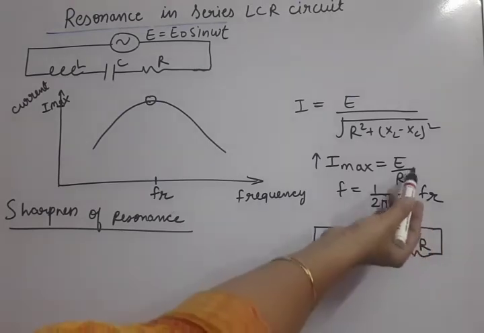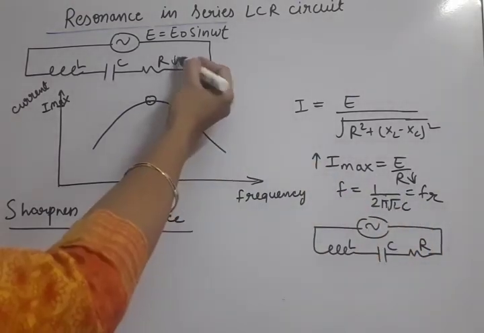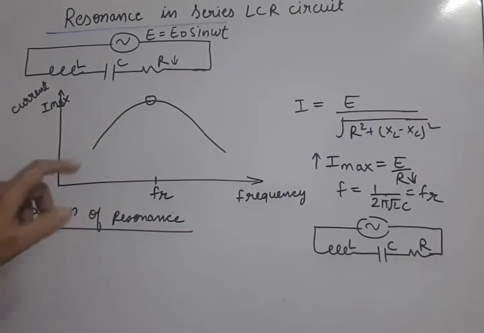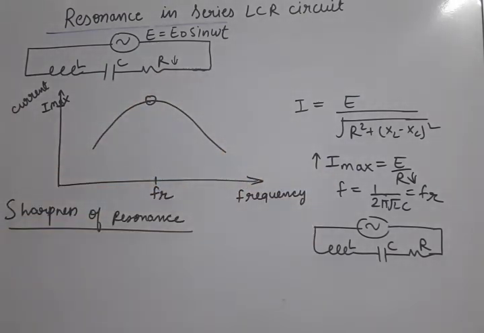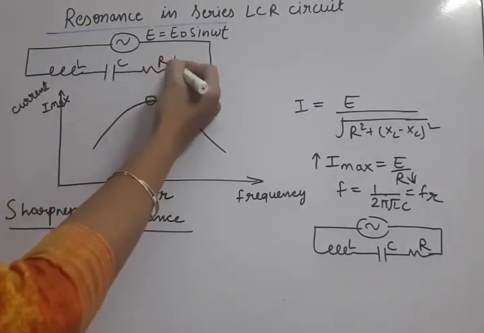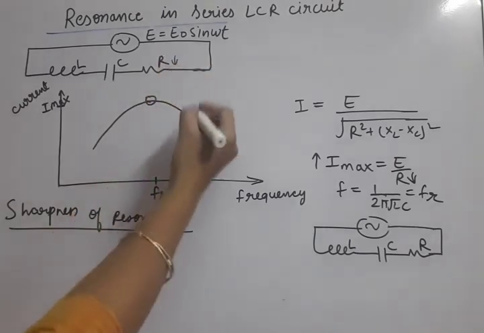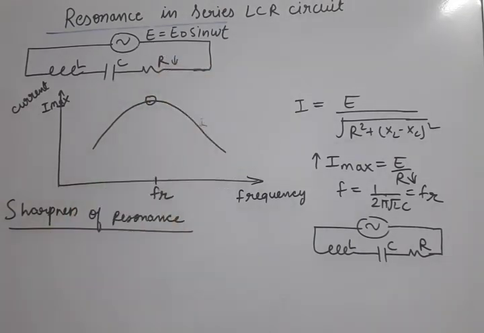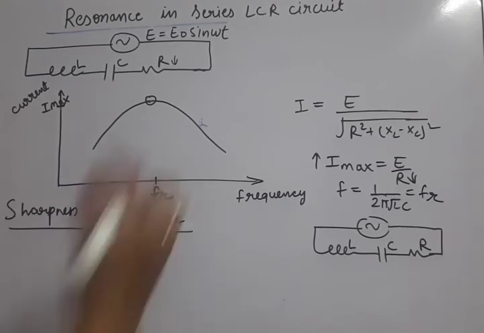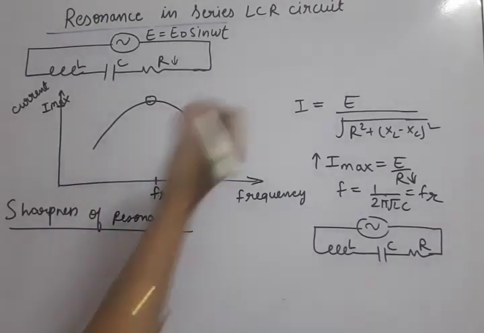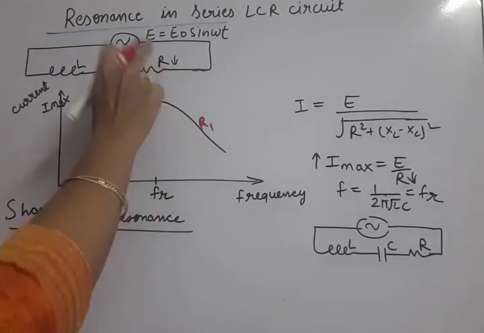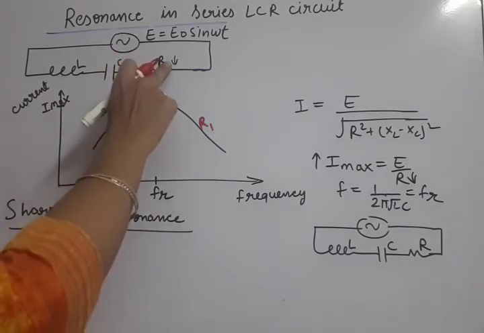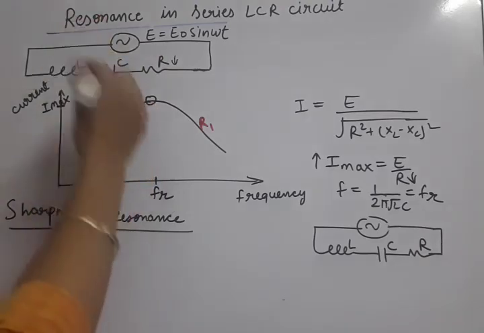If we reduce the resistance in the circuit, then I max will further increase. So if we draw the graph by changing the resistance values, suppose the first graph was drawn for R1. Suppose I am changing this resistance from R1 to R2. I am decreasing the resistance, so my maximum current will further increase.